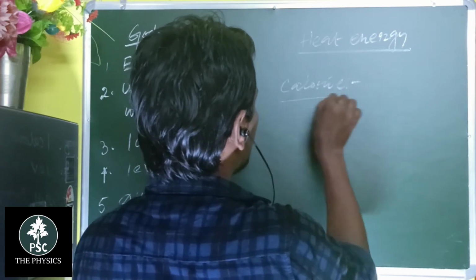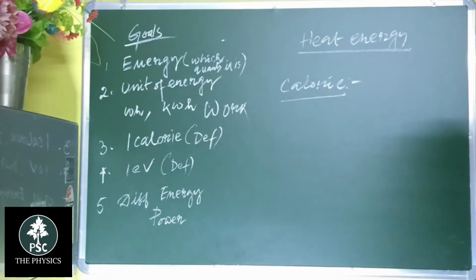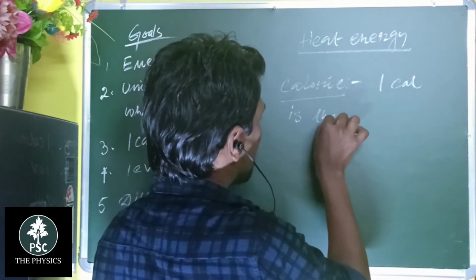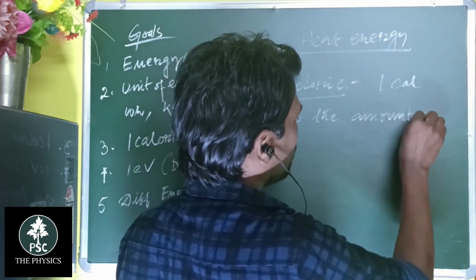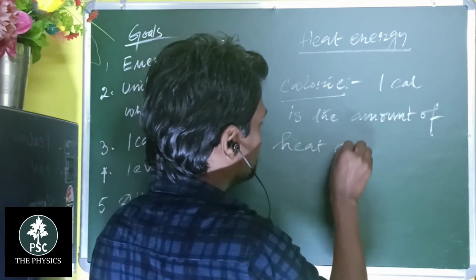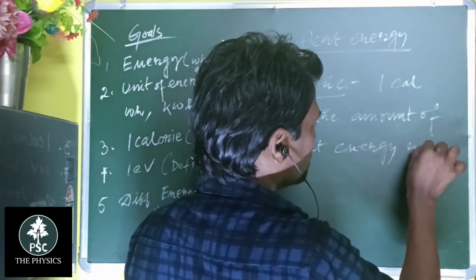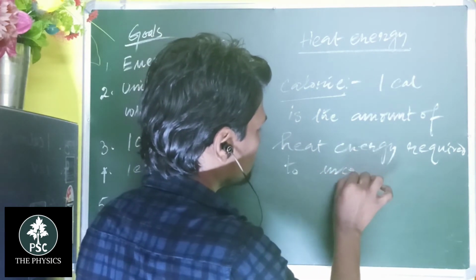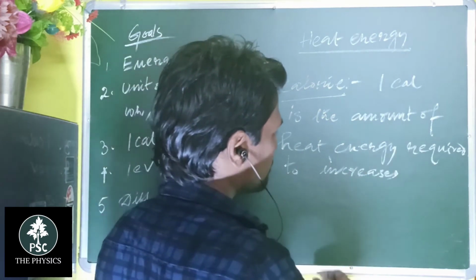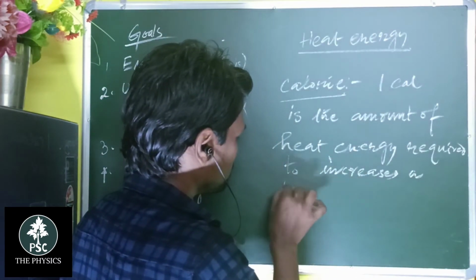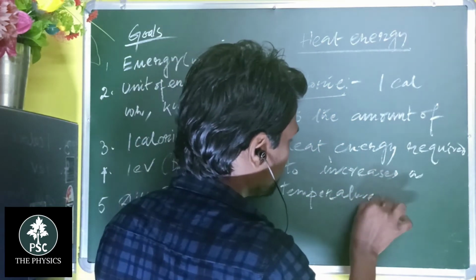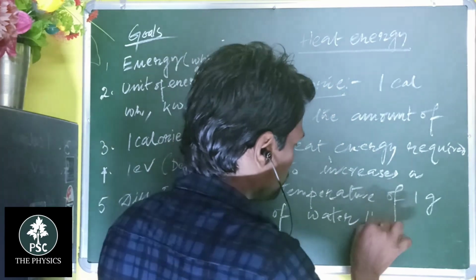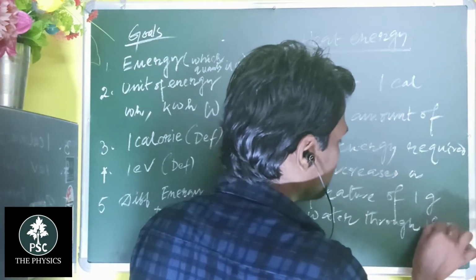Calorie. So 1 calorie is the amount of heat energy required to increase the temperature of 1 gram of water through 1 degree centigrade.